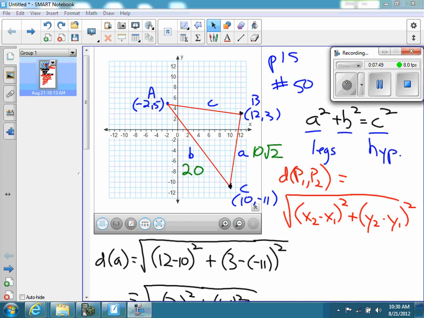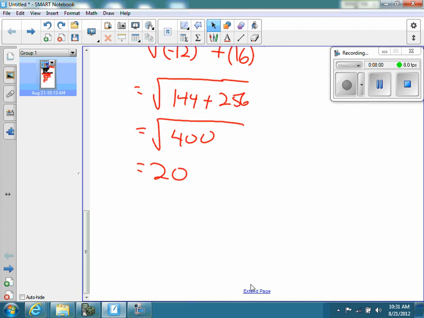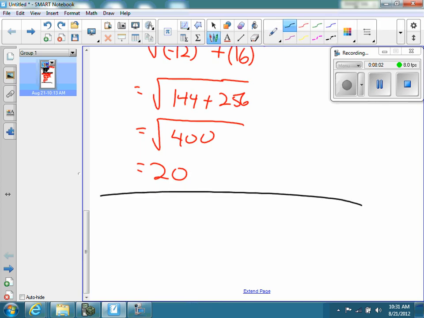Side C stretches from the point negative 2, 5 over to the point 12, 3. So let's go down to the bottom here again and do ourselves another distance formula. I'll write it again so that we can see it.